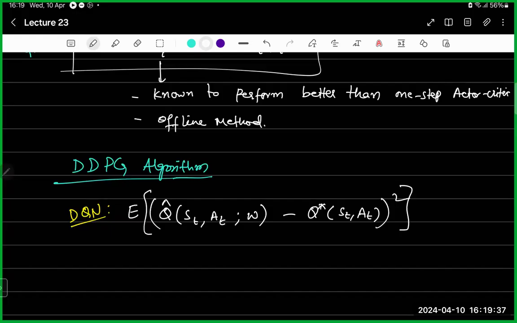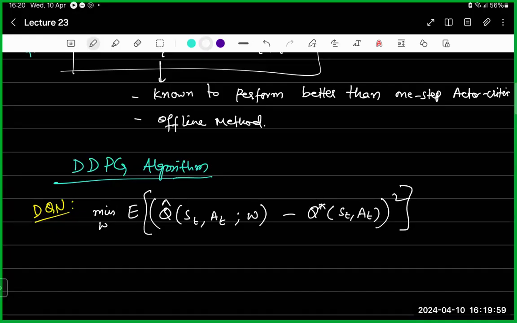This is what we wanted to minimize in the DQN, minimize over all W. Then if you solve this problem, you will get a neural network with weights W, which will take any state action pair as input and give you an estimate of Q star.